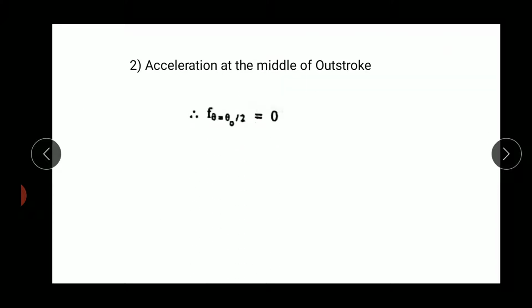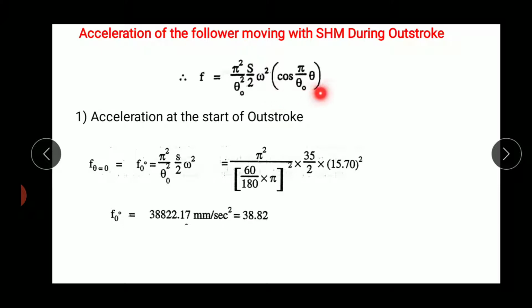Right? Now at the end of the out stroke. The formula is the same, you can remember here. At the end of the out stroke, put theta equal to theta o. So theta will become theta o and will get cancelled. What will remain is cos pi. Cos pi is minus 1. So minus will be multiplied by pi square upon theta o square into s by 2 into omega square.